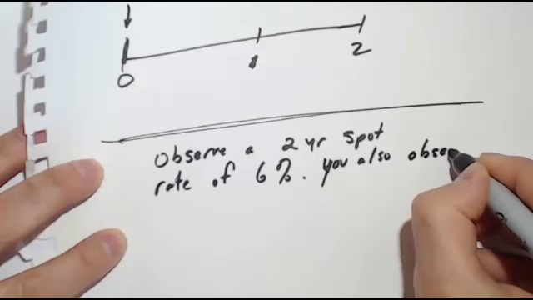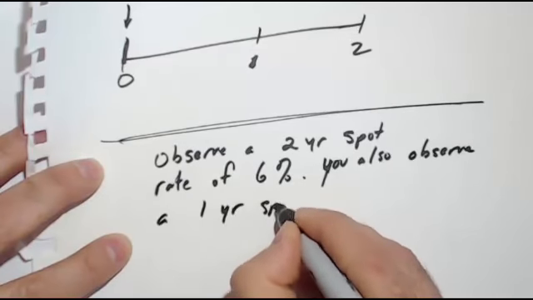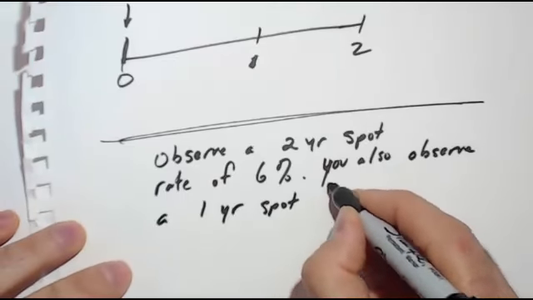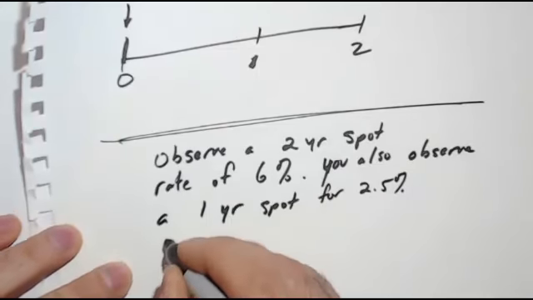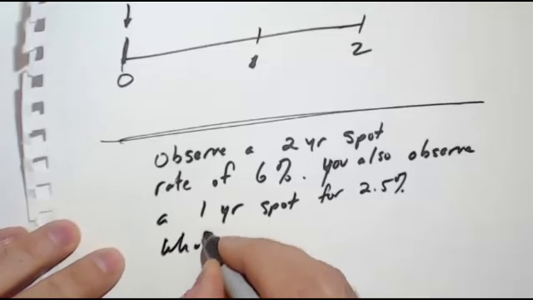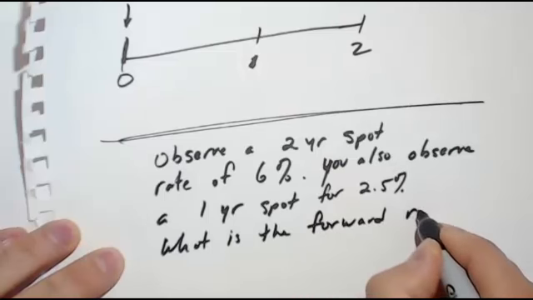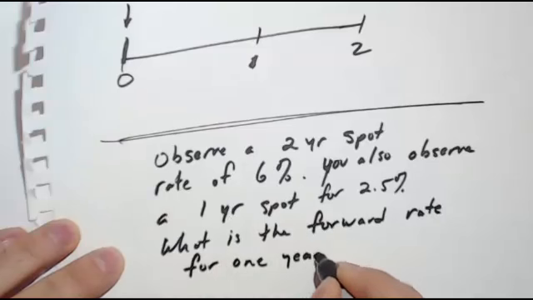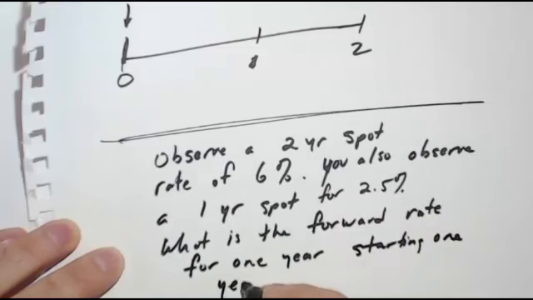You also observe a 1-year spot rate of 2.5%. Okay? And the question is, what is the forward rate for 1 year starting 1 year from now?